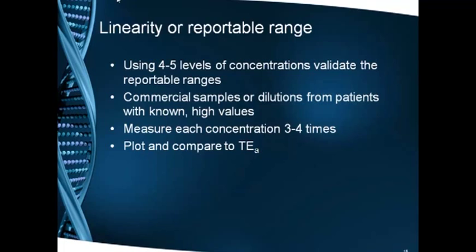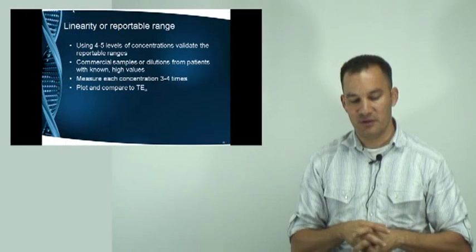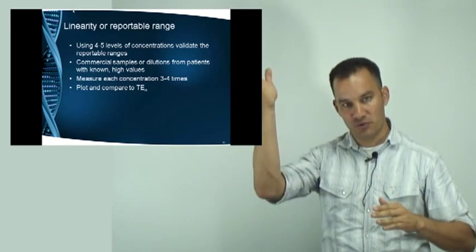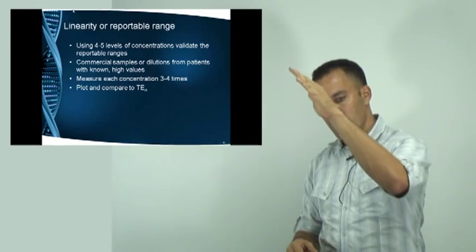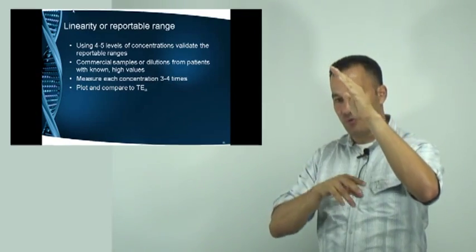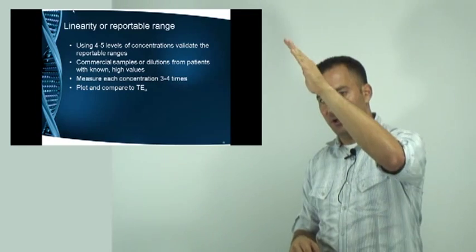You have to decide for yourself if the deviation from the line is acceptable, because when you're doing linearity, you have to demonstrate that the concentration during the whole reportable range behaves linearly.